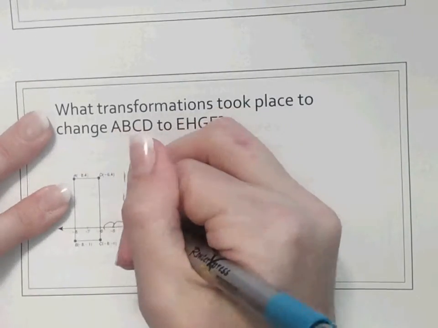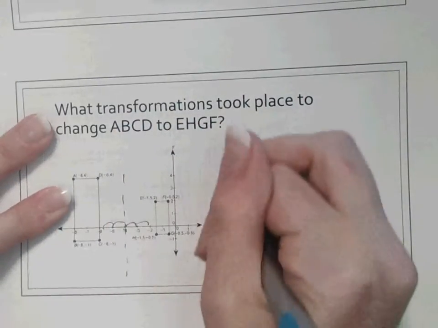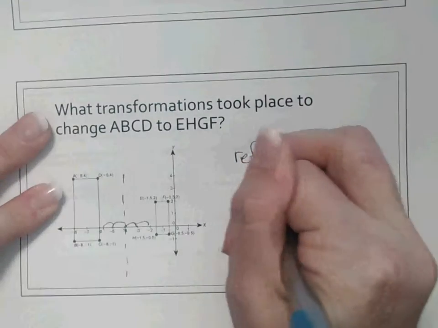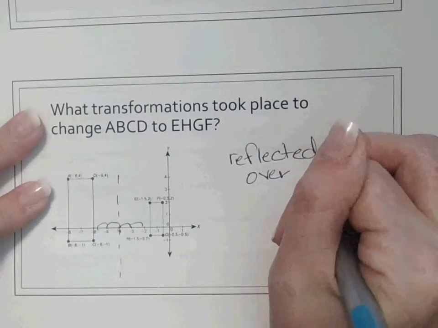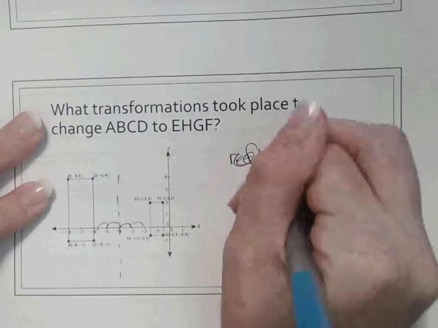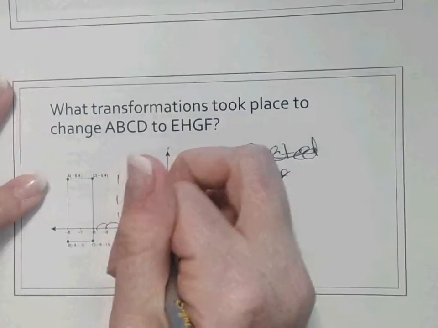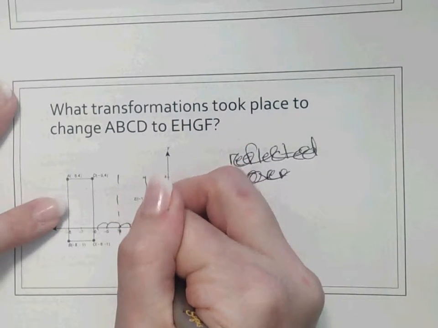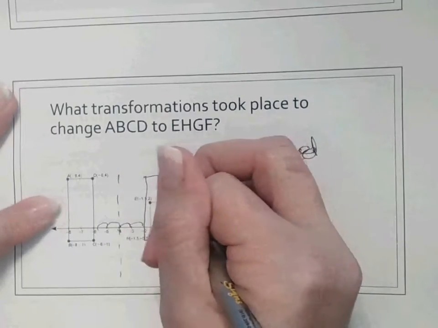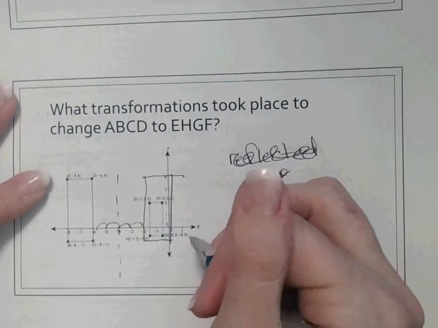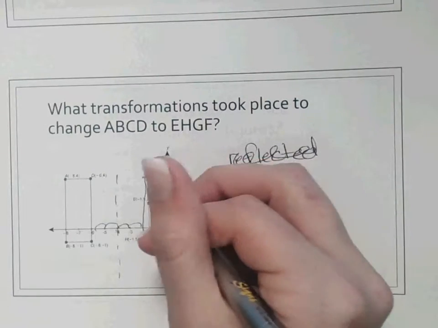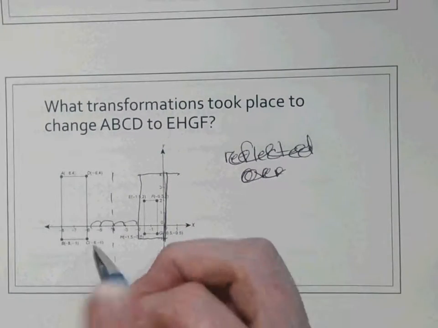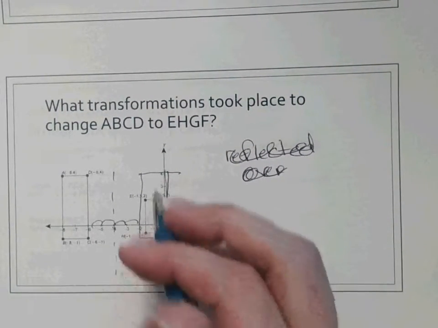So I would say that it reflected over that spot. So if we did that, it would go here. Okay, so that wouldn't work because it would stay on the 0. So what about if it dilated first?